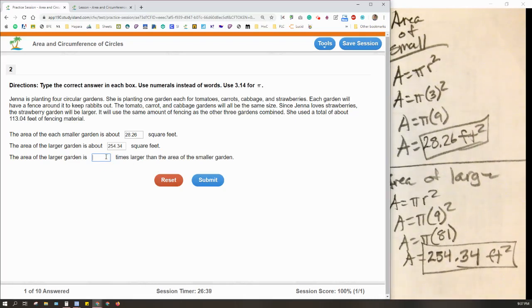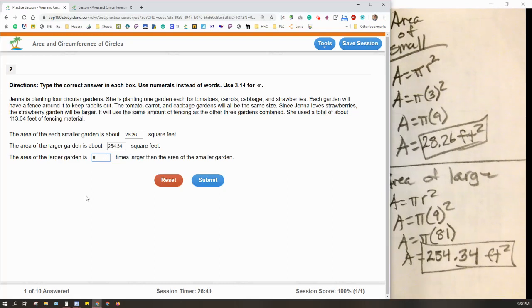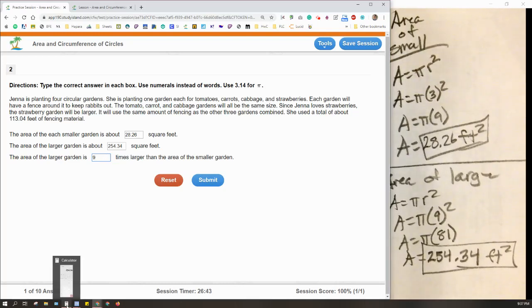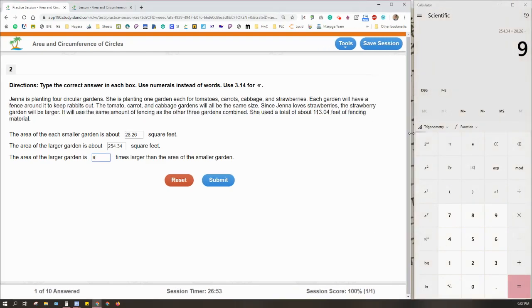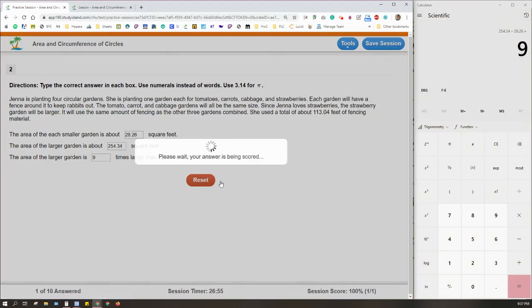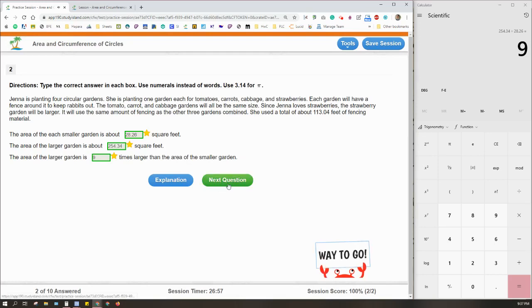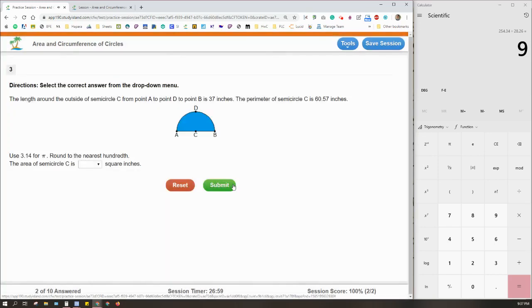So the large garden is 9 times larger. If you want proof of that, let's divide those numbers. 254.34 divided by 28.26, and look at that, you get 9. All right, so that's how you do that problem. One of the more intensive ones that you'll have to do. Most of these are much easier.